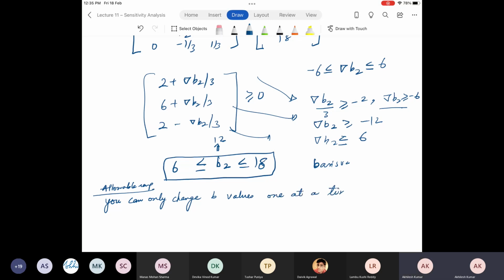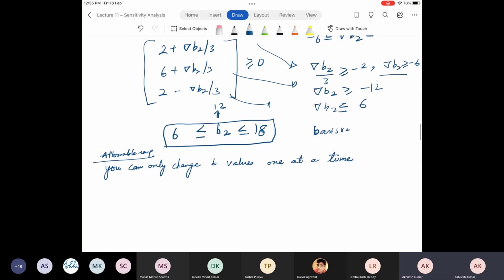What does that mean? Suppose I want to find the allowable range. I have already done B plus delta B2. Let me show it here: 4, 12 and 18 I have done into 4, 12 plus delta B2 and 18. Next, whatever delta B2 you have to keep.